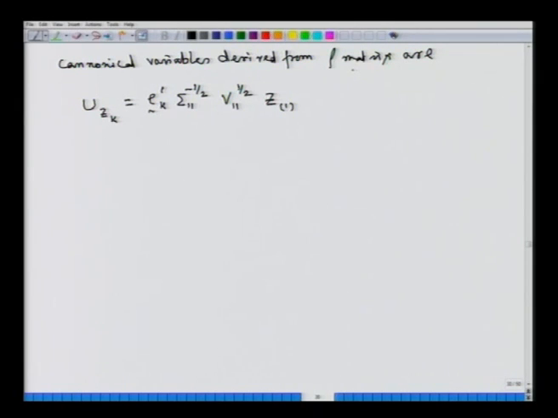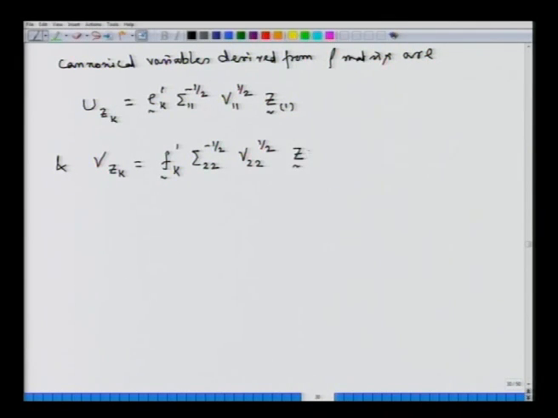The canonical correlation coefficients remain the same as we have said, and similarly the V component, if we denote that by V_zk, the kth canonical variable derived from Z2, is given by f_k prime sigma 22 to the power minus half, then V22 to the power plus half times Z2.